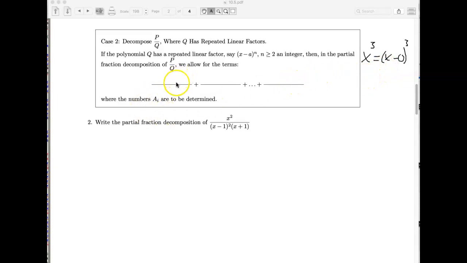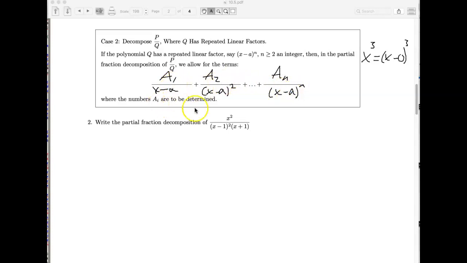All right, so when we have that repeated linear factor, the form that we're going to express this in is a sub 1 divided by x minus a plus a sub 2 divided by x minus a all squared plus dot dot dot plus a sub n divided by x minus a to the n.